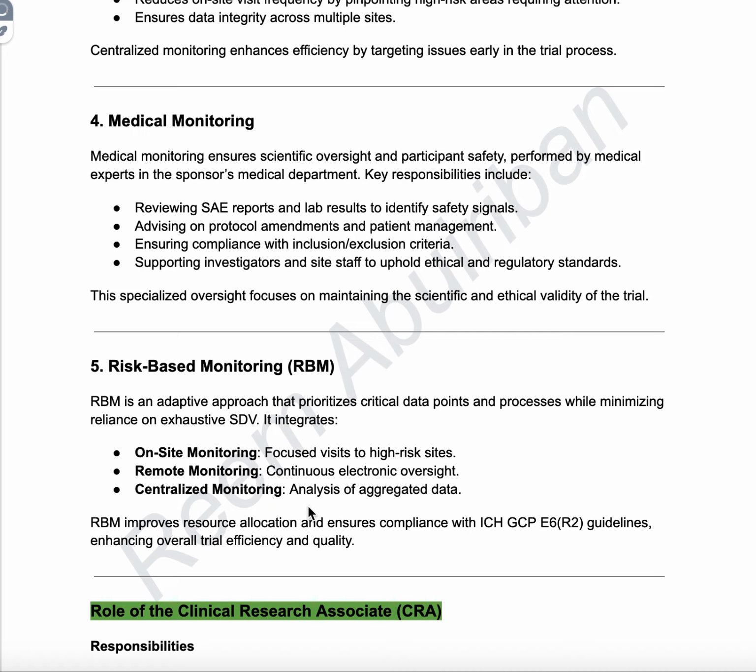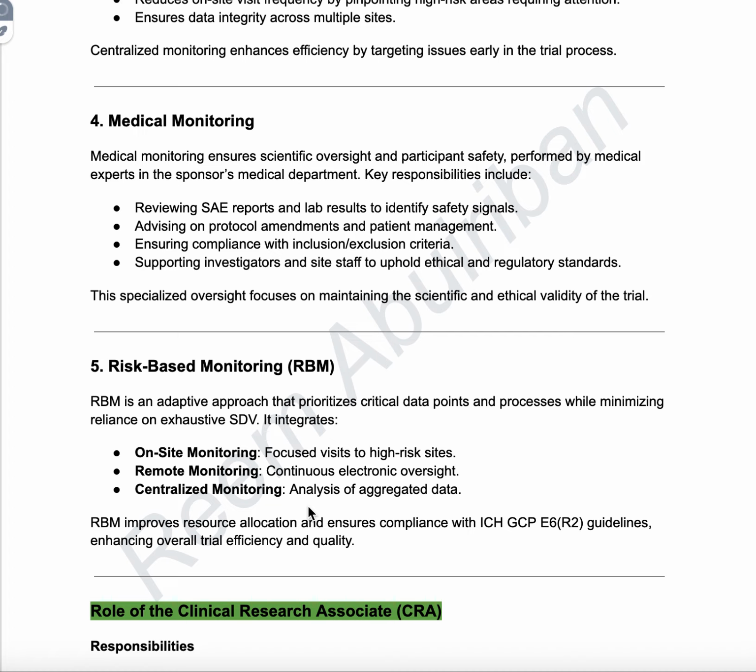This specialized oversight focuses on maintaining the scientific and ethical validity of the trial. Finally, risk-based monitoring. Risk-based monitoring is an adaptive approach that prioritizes critical data points and processes while minimizing reliance on exhaustive SDV.